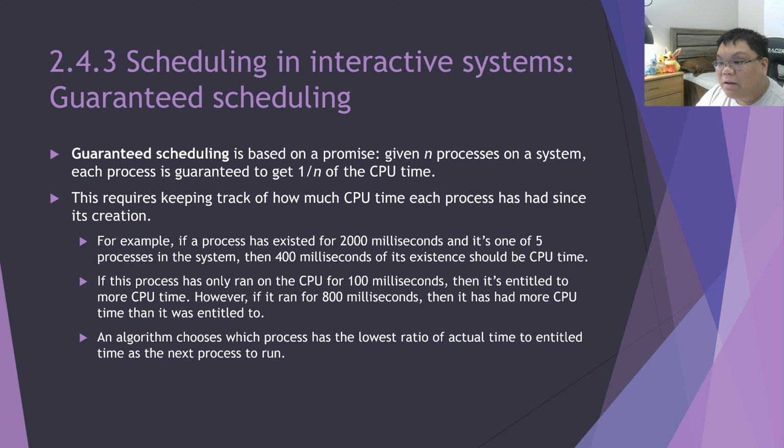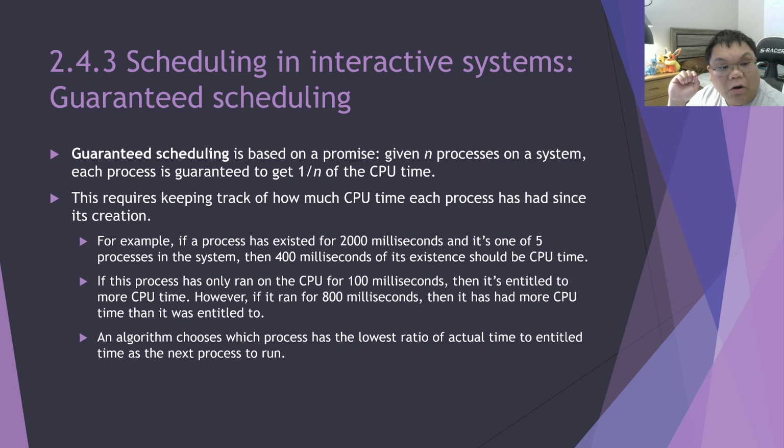This requires keeping track of how much CPU time each process has had since its creation. So if a process has existed for 2000 milliseconds and it's one of 5 processes in the system, then 400 milliseconds of its existence should be CPU time.